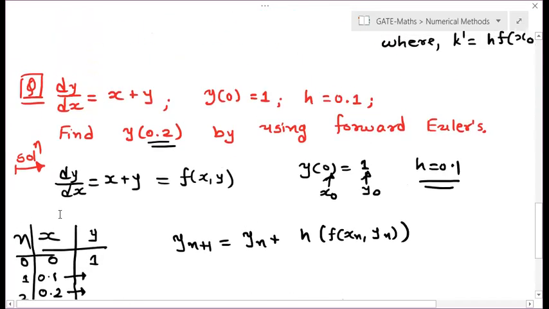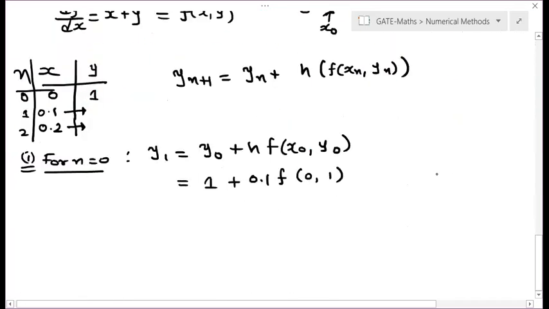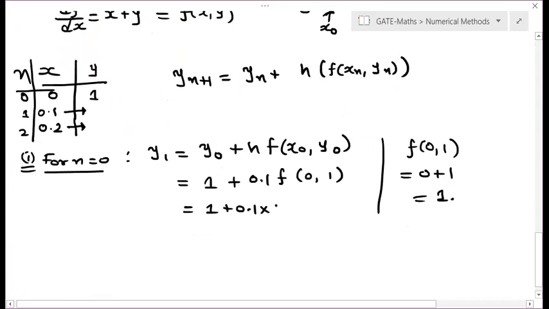And what is f of x, y? It is x plus y. So f of 0, comma 1 is 0 plus 1, which is 1. So it is equal to 1 plus 0.1 into 1, which is 1.1. So y1 is 1.1.